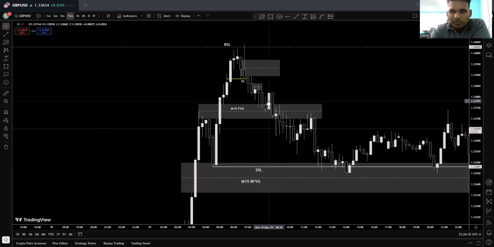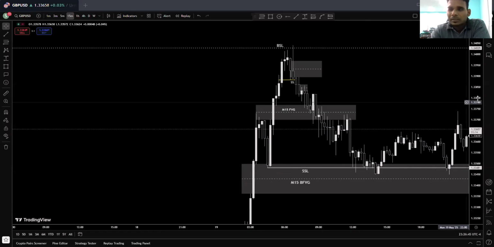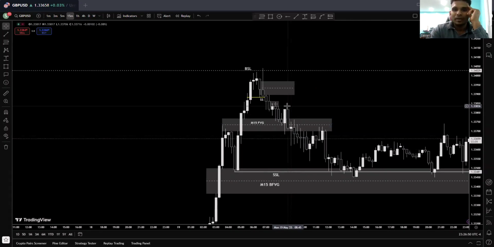Price took support here. Once the support gets broken, it acts as resistance. How beautifully it acts as resistance, and continuously keeps going lower until it takes out the sell side liquidity. So after identifying this candle, you don't need to worry about anything, and you can confidently change your stop to this point.